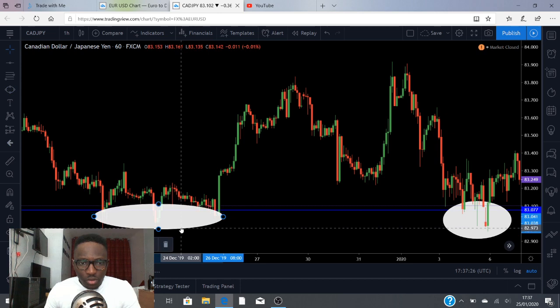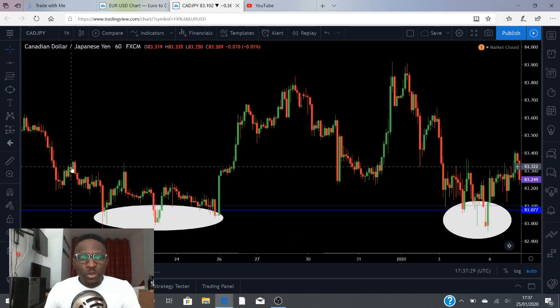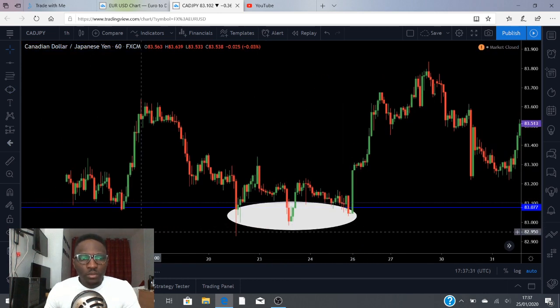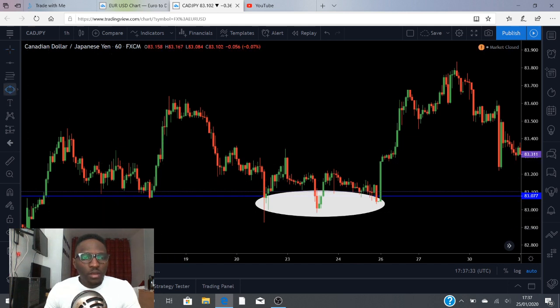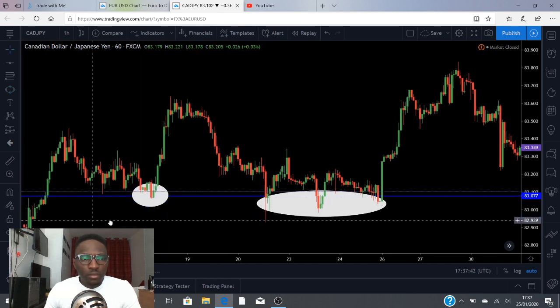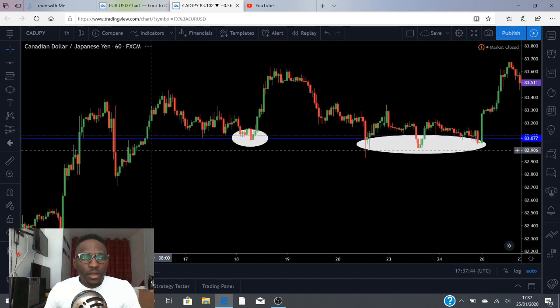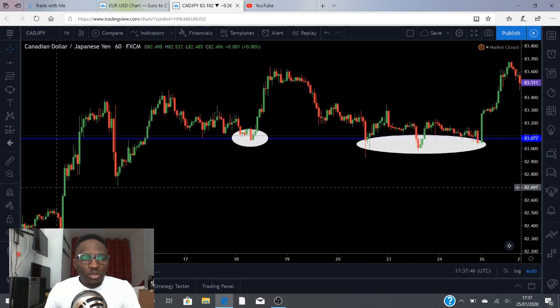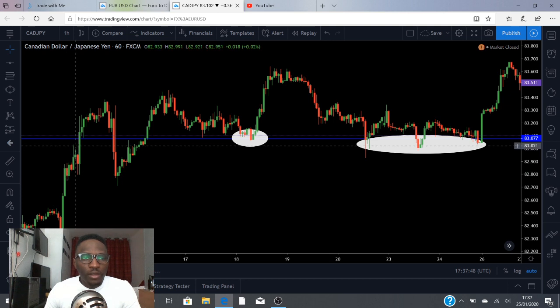Just come down a little bit. Yep, so everything is looking good. Let's keep moving. Going back here, we can see that the market has tested that level again. And looking back here, we can see how the market broke. It came from a bullish trend that didn't really act as a major resistance level.